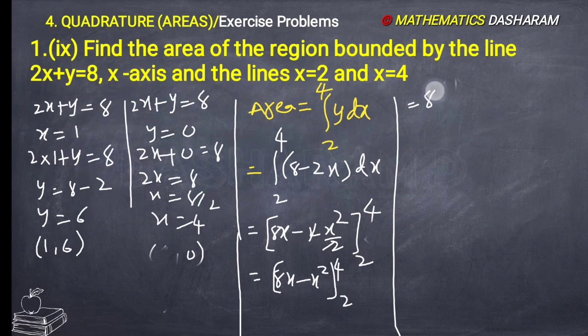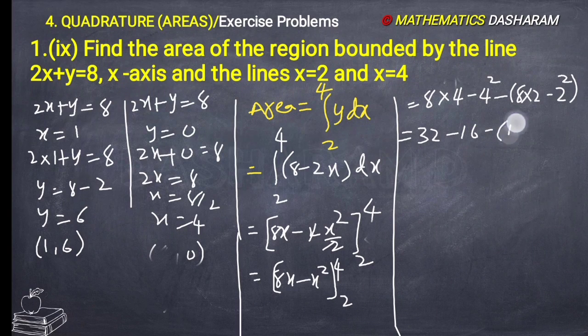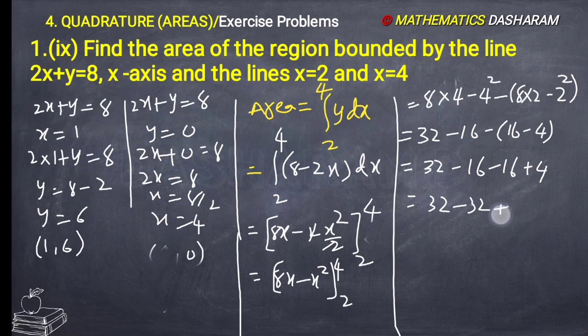So first 8 into 4 minus 4 square, minus, take the bracket, 8 into 2 minus 2 square. 8 4s are 32, minus 4 square 16, minus 8 2s are 16, 2 square 4. So 32 minus 16 minus 16 minus into minus plus 4. So 32 minus 16 minus 16 minus 32 plus 4, 32 minus 32 cancel, 4 square units.